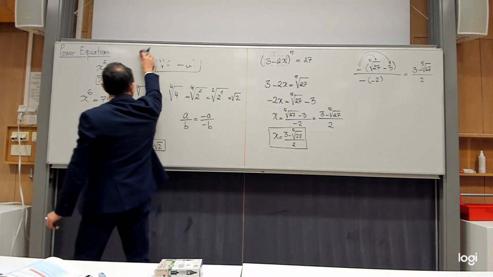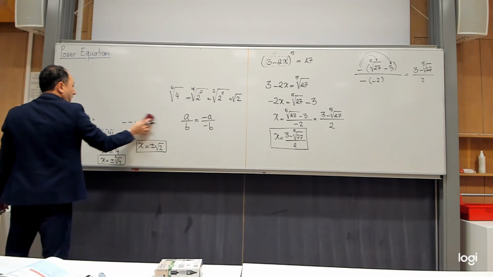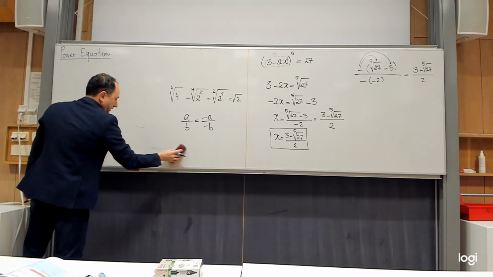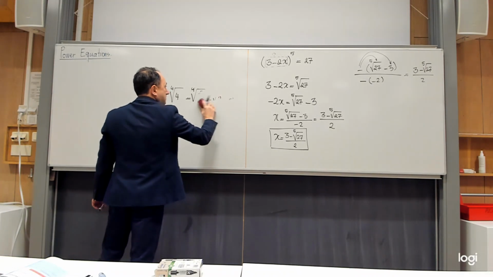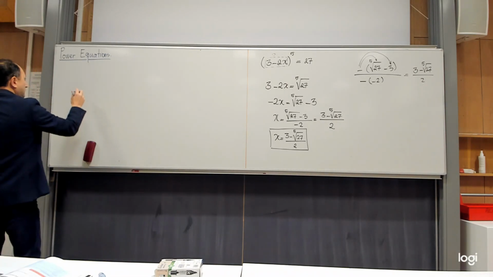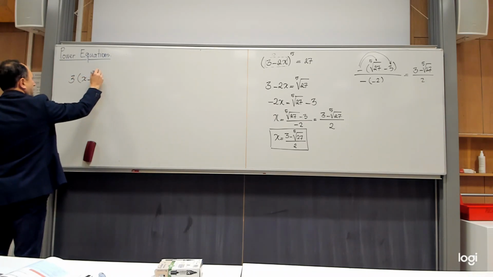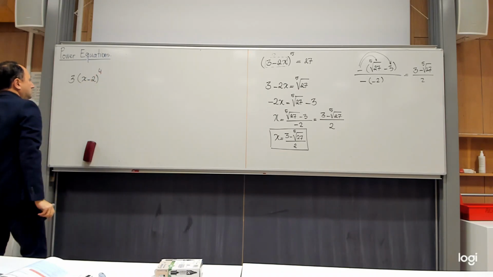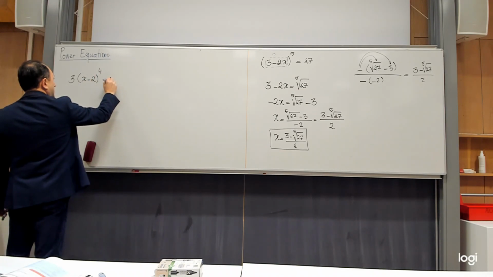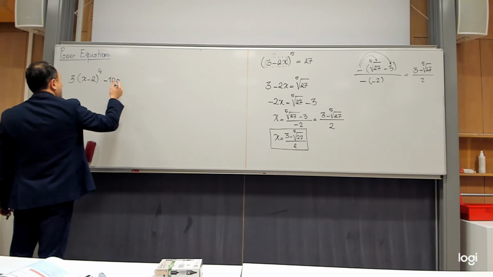Let me ask you this question now. For example, what do you think about this problem? 3x minus 2 to the power of 4 and then minus 10 is equal to, for example, 5.